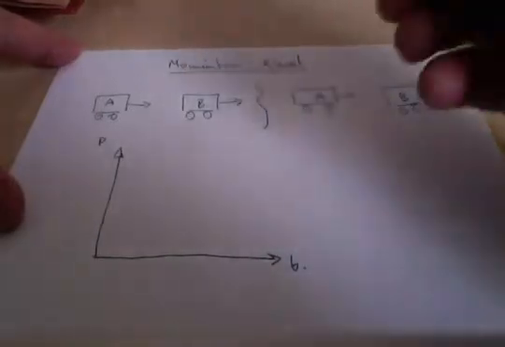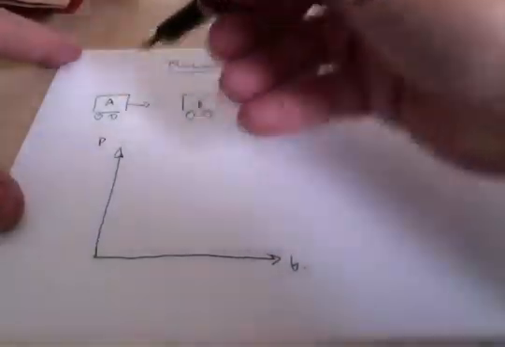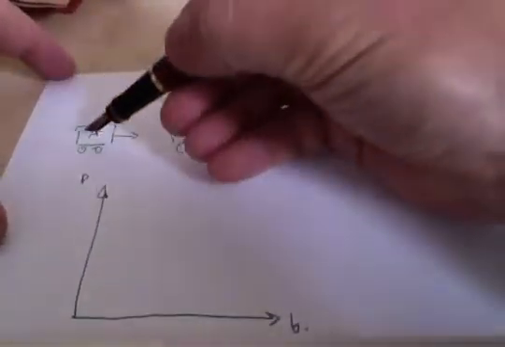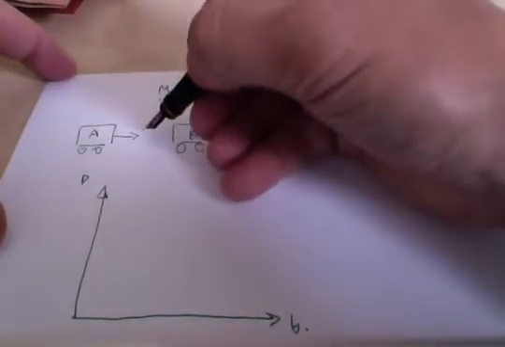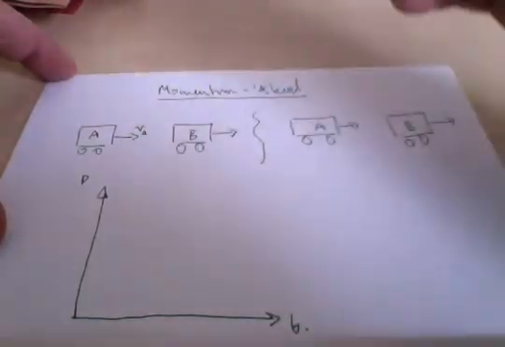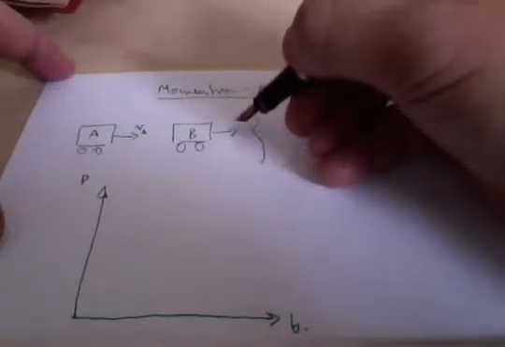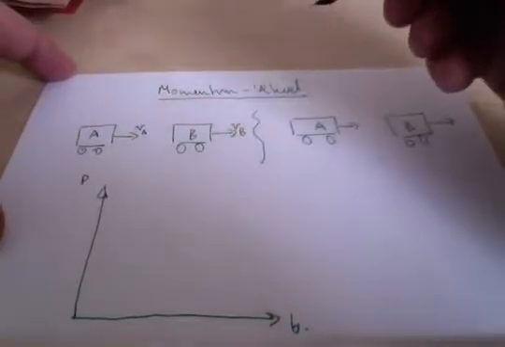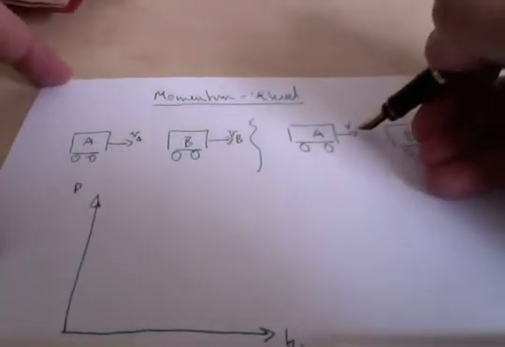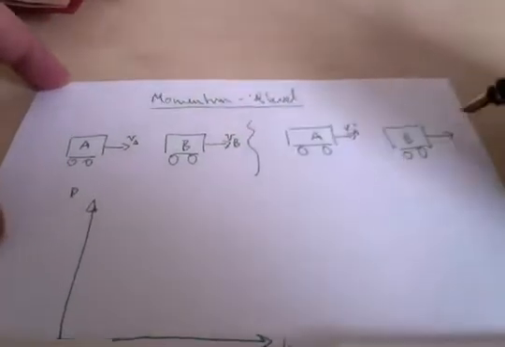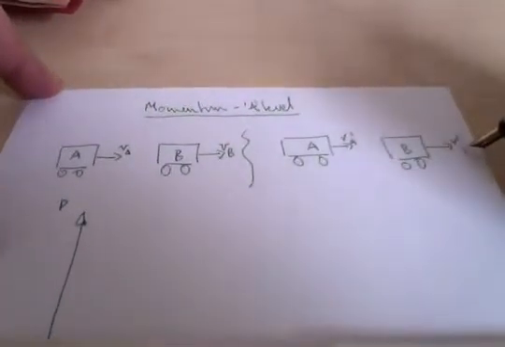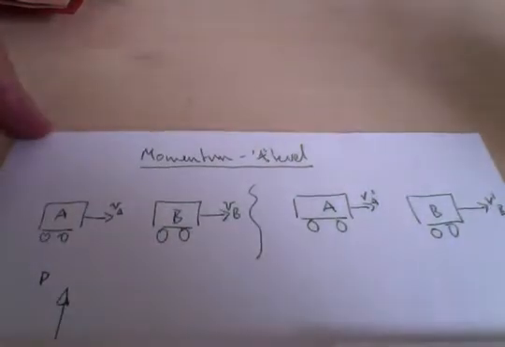Object A is going to come in with a known momentum because it has a certain velocity, and B will have a certain velocity as well. Then after the collision takes place, each will have another velocity when it comes out.